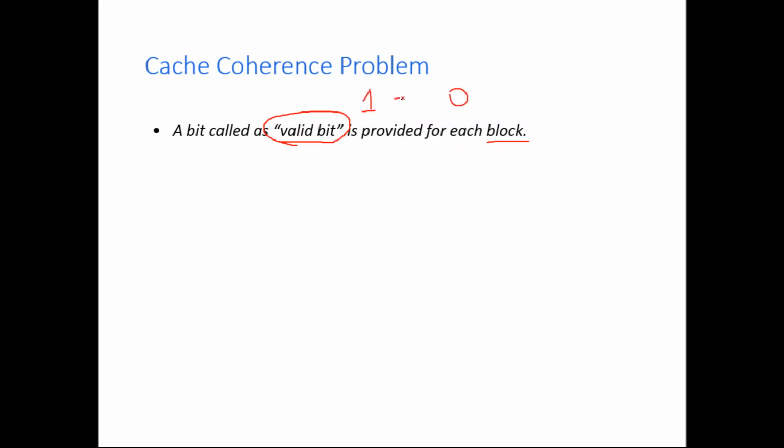Initially when the power is given to the main memory, assume that currently the main memory contains the data corresponding to process 1, at time t0.